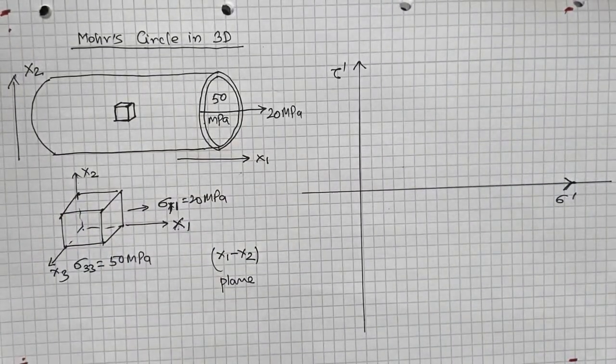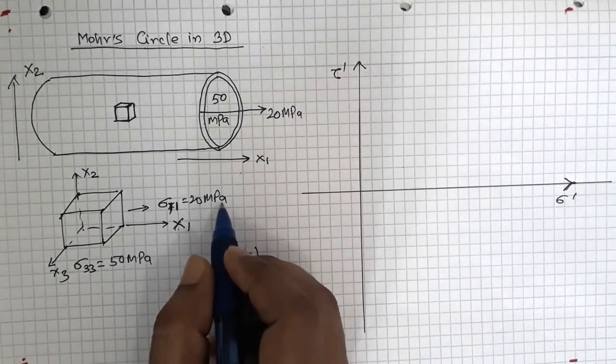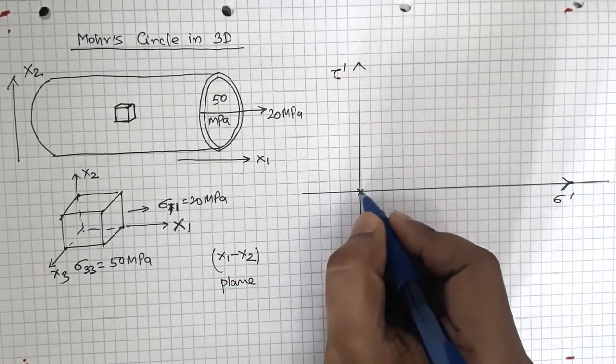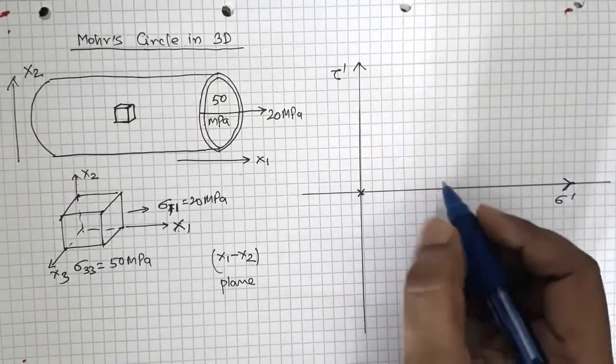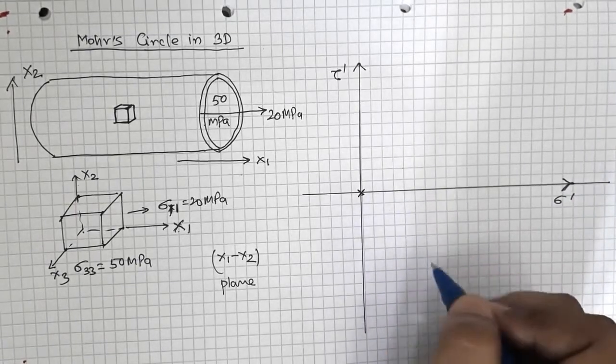And the x3 direction I'm not considering because I'm taking the x1 x2 plane. So what should I do now? I have 20 megapascal of principal stress, and I have 0 value of principal stress. So one value of principal stress lies here, another value lies at 20 megapascal, okay.